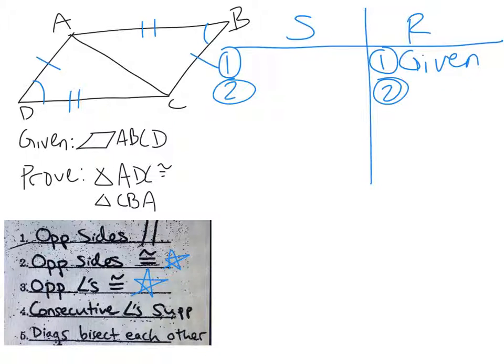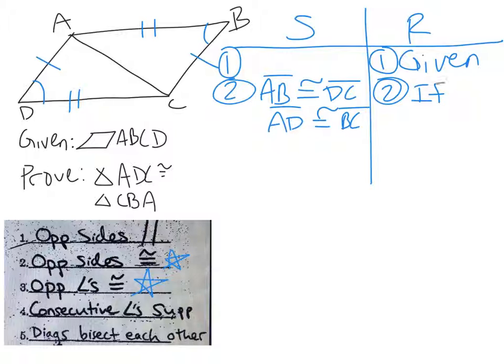Okay, so I've got AB is congruent to DC, and I also said that AD was congruent to BC. And it was the same reason. If we have a parallelogram, then the two arrows, the double arrow kind of thing, that means opposite sides are congruent.